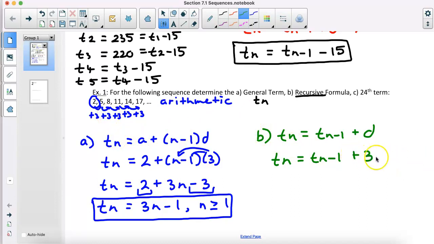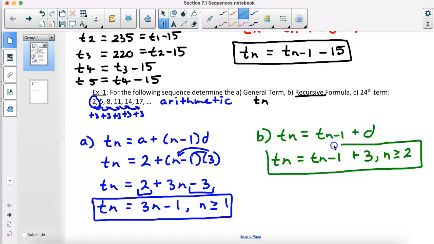So we have plus 3, and then we have n is greater than or equal to 2. So this here represents that recursive formula. As long as you know the one beforehand, we just add 3 to it to get to the one after.